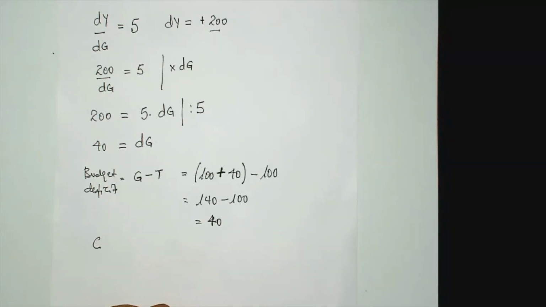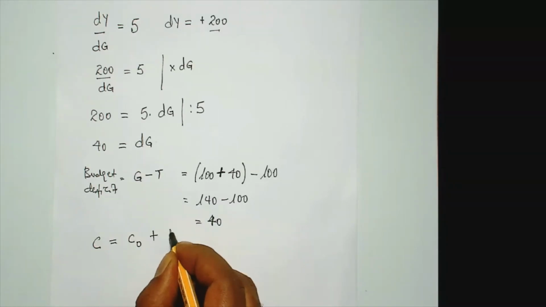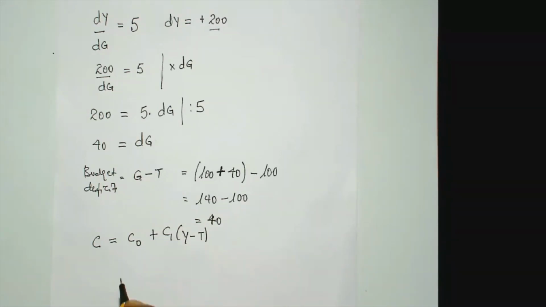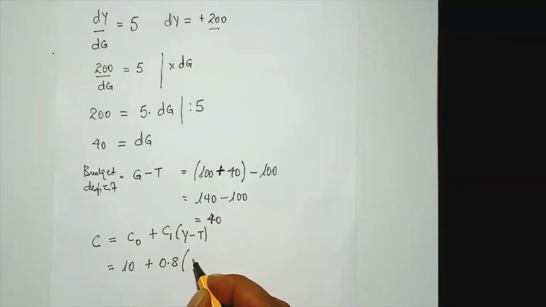Furthermore, our consumption would also be impacted by this. So consumption is C0 plus C1 times (Y minus T), and we had autonomous consumption of 10. Our marginal propensity to consume didn't change. Our income changed from 400 to 600.